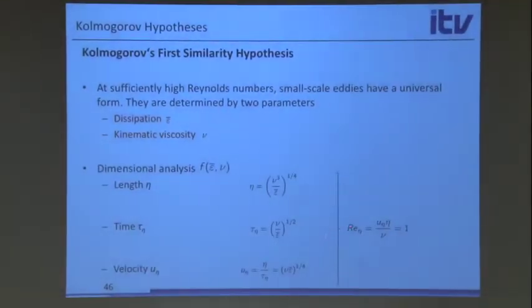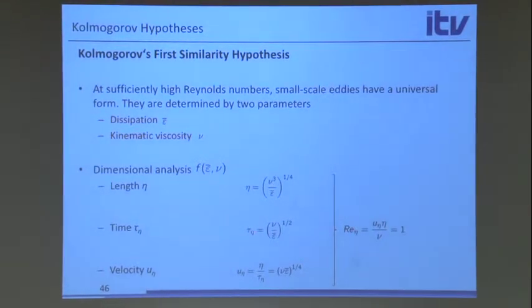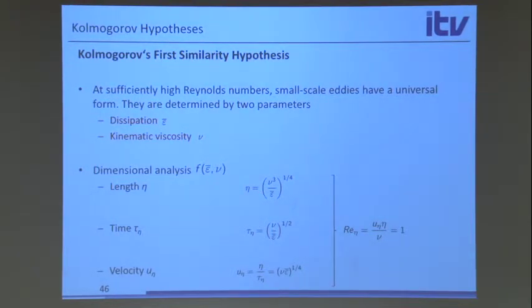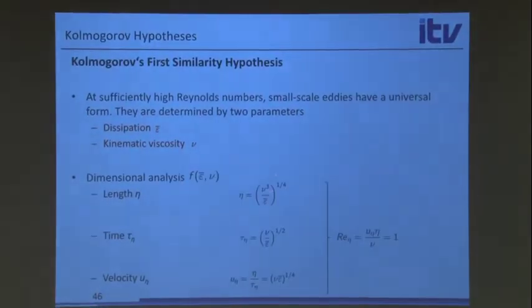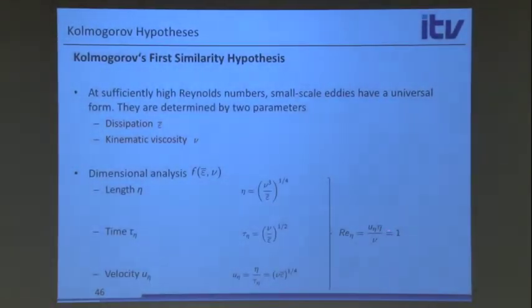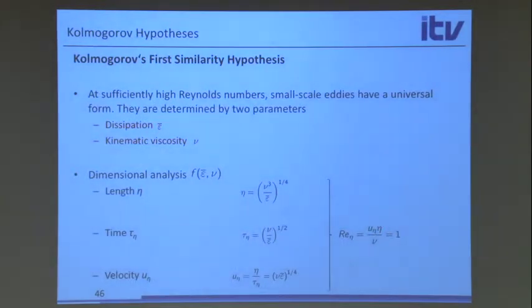And what's interesting, if you evaluate the Reynolds number based on these scales, okay, there's one scale in turbulence that has this velocity and this length scale, and from these two I can form a Reynolds number, and it's exactly equal to 1. What does this mean? If I go to larger scales, the Reynolds number becomes larger than 1. So then I go to the more advective limit.